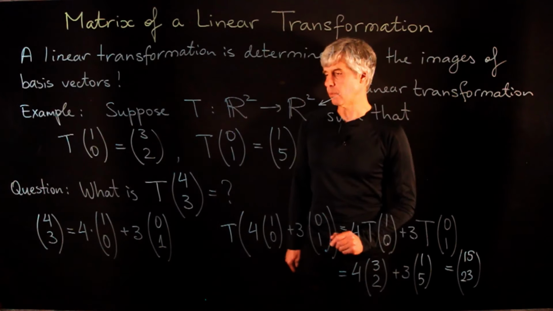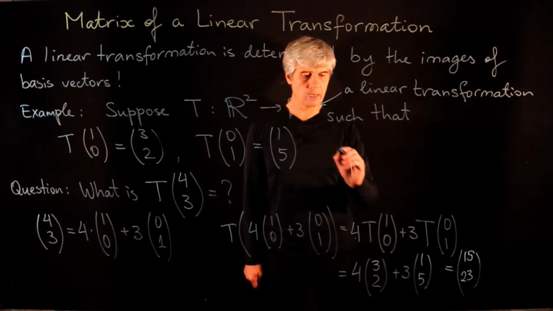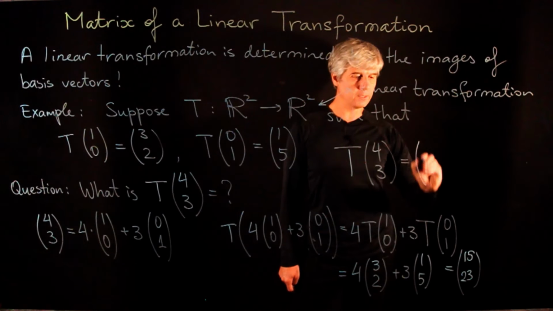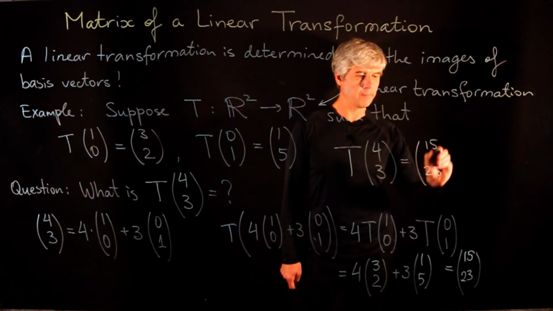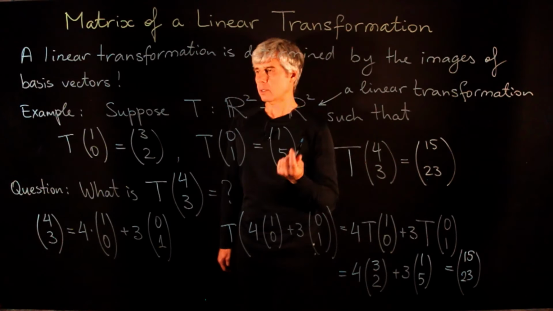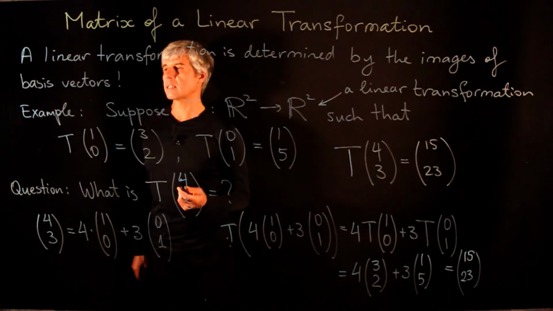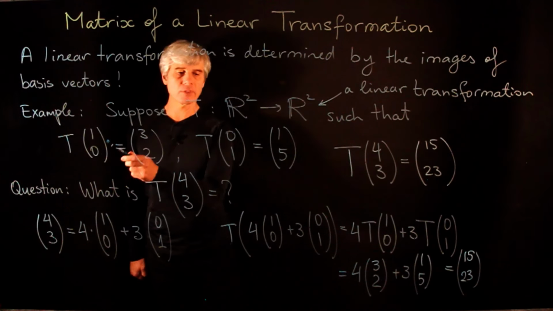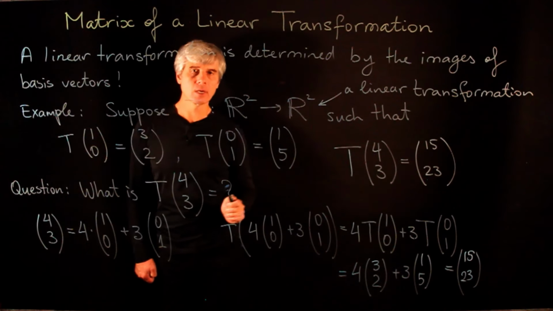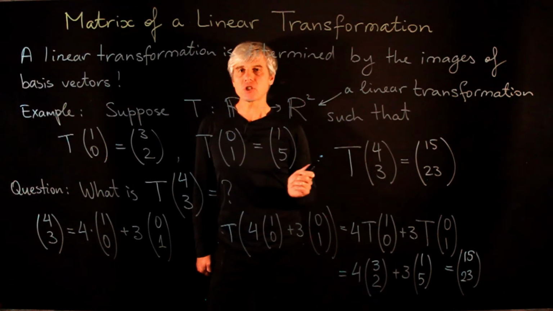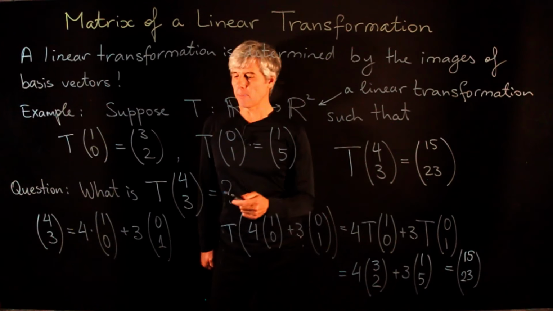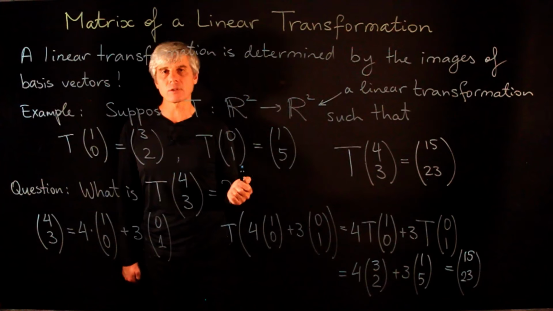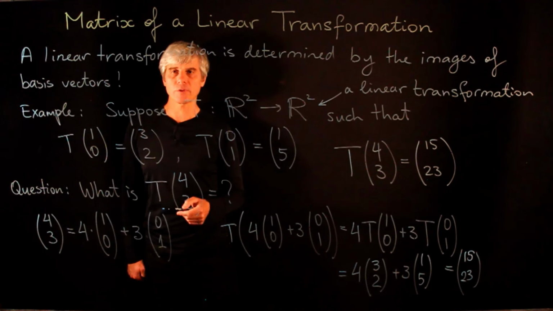And so here we get that T of (4, 3) is equal to (15, 23). So this tells us that if we store the values of the images of basis vectors, then this information is enough to uncover the images of any vectors when we apply this transformation.